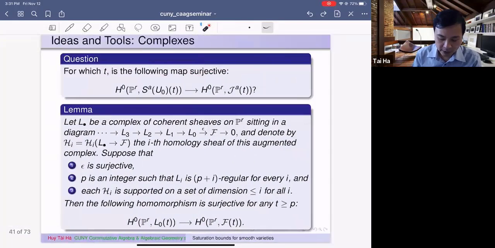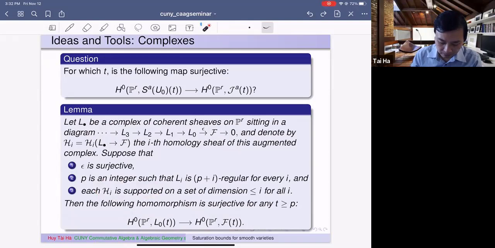So you start with a coherent sheaf here, and if you can fit this sheaf in a complex in which we can control the regularity of its terms and the supporting dimension of its homology, then one can get surjectivity on sections of the last map. So this is a standard technique.